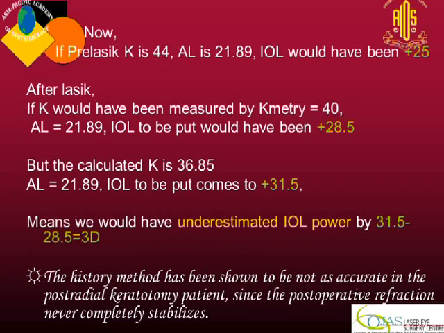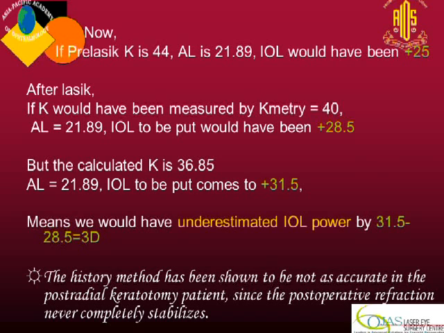So if we had a pre-LASIK K of 44 diopters with an axial length of 21.89, then the IOL would have been plus 25. However, after LASIK, if K had been measured by keratometry as 40 diopters, with the axial length of 21.89, the IOL to be put would have been 28.5 diopters.